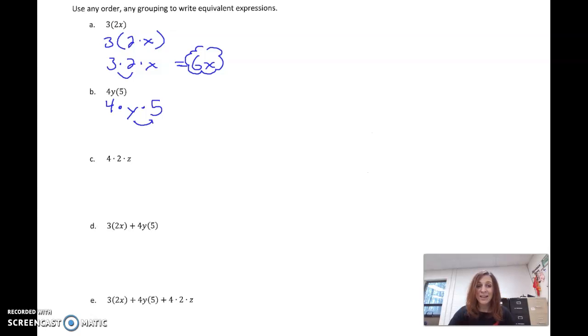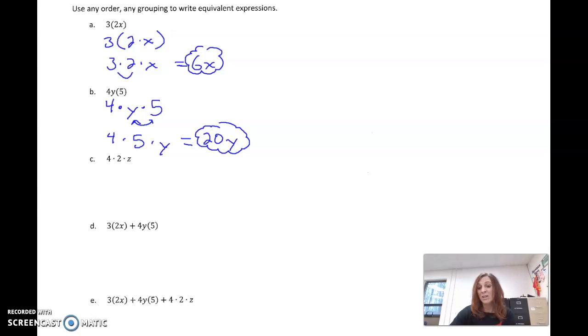So if I wanted, I can change those around and write this as 4 times 5 times y. Multiply the 4 and 5 together. That just gives us 20y. And that's our answer. Again, with expressions, we don't evaluate. We don't solve until we know the value of the variable.